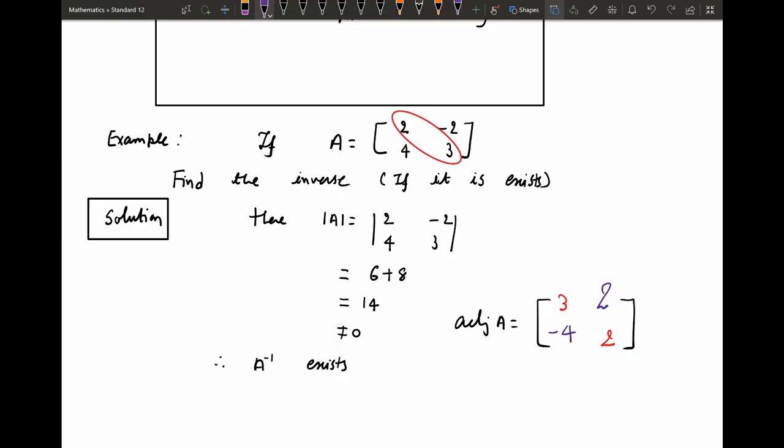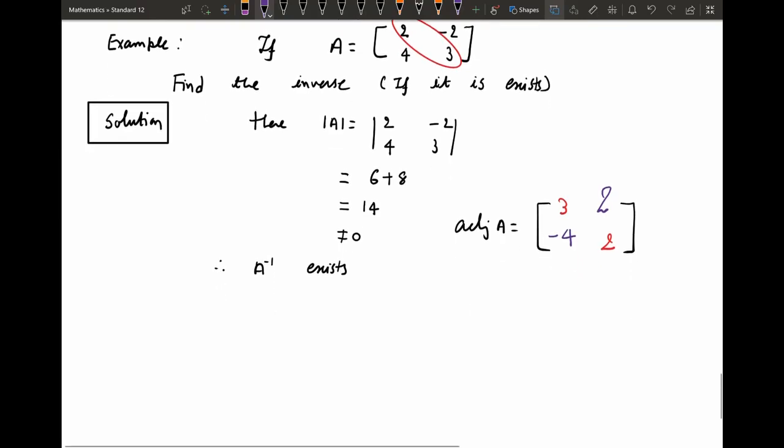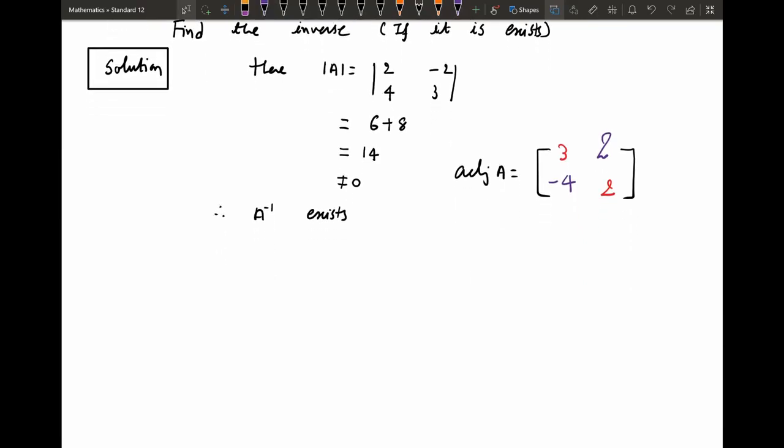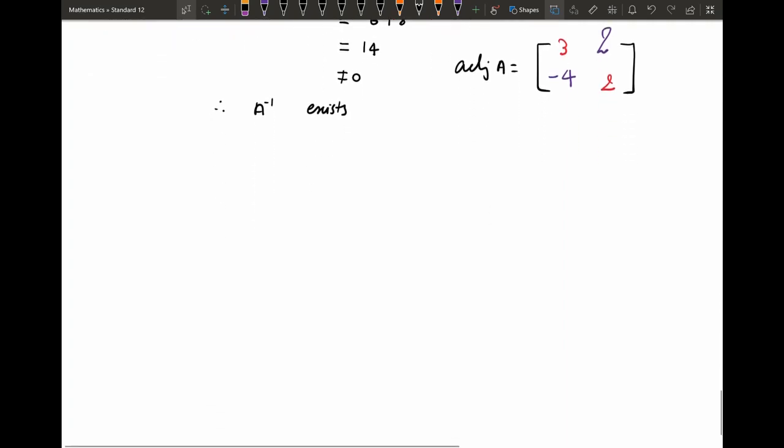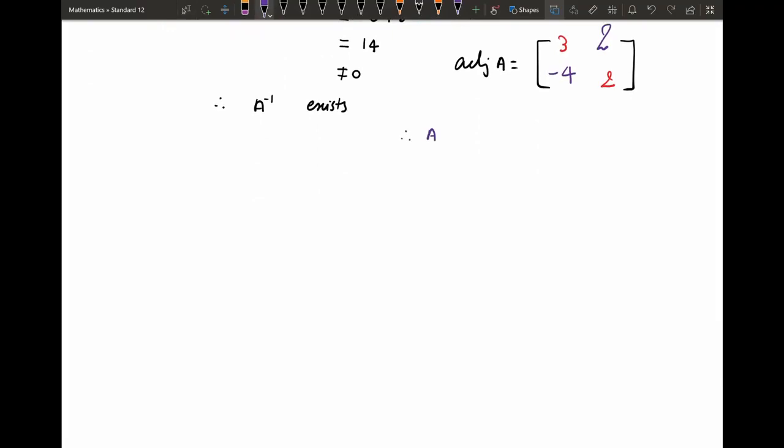By calculation you will get the same adjoint A. Here we have used the shortcut for 2 by 2. So adjoint A is 3 2, and then change the sign of the entries lying in the subsidiary diagonal, 2 minus 4.